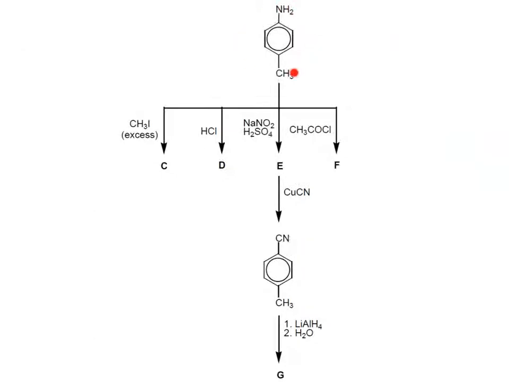Here we've got our compound which we've just made, and we've got a choice of four reactions: C, D, E and F. You can see down here that the methyl group remains untouched by that reaction, and the same is true all the way through.